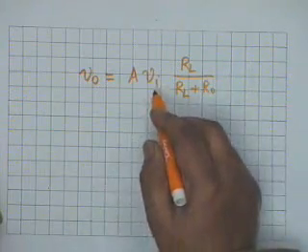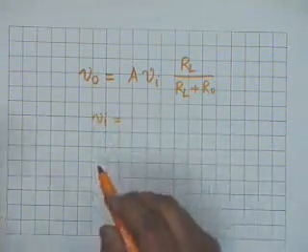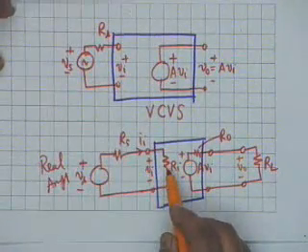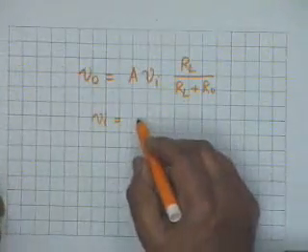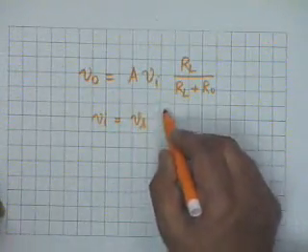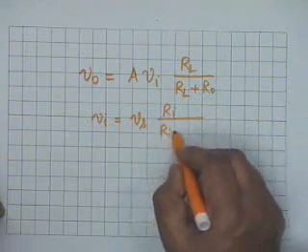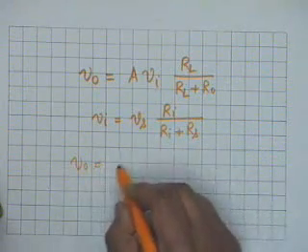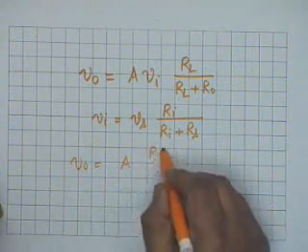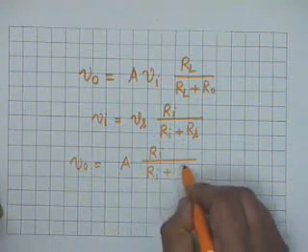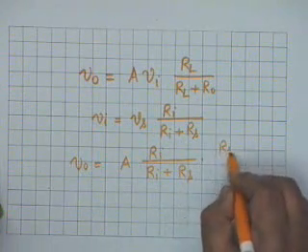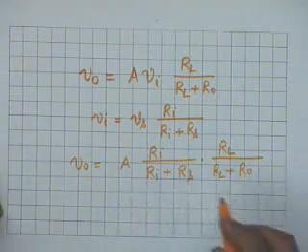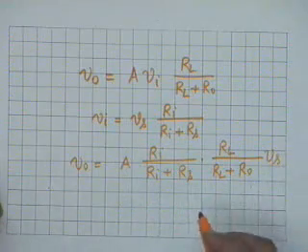And Vi is a voltage division of Vs between Rs and Ri, and therefore Vi is equal to Vs multiplied by Ri divided by Ri plus Rs. Therefore V0 is equal to A Ri divided by Ri plus Rs multiplied by RL divided by RL plus R0, and this multiplied by Vs.